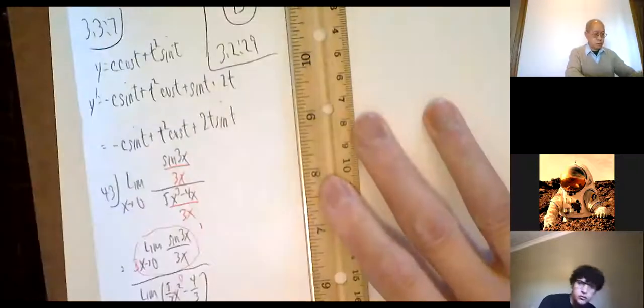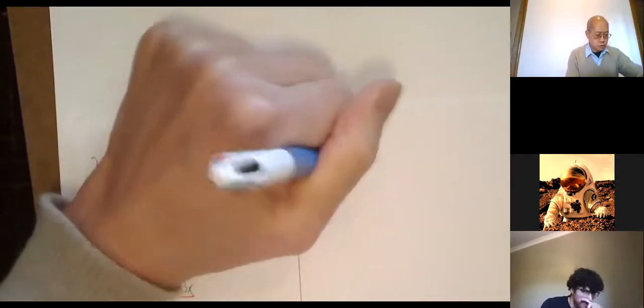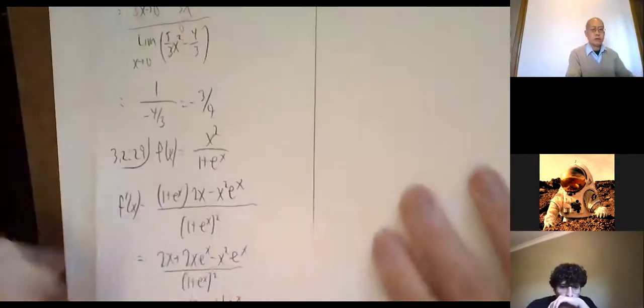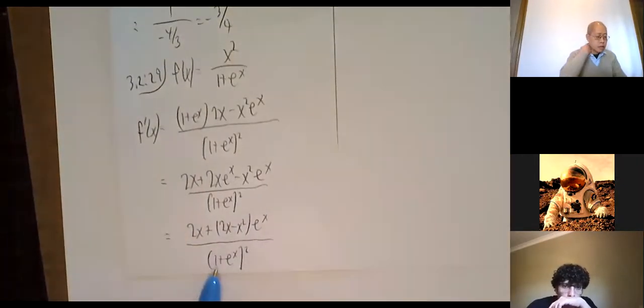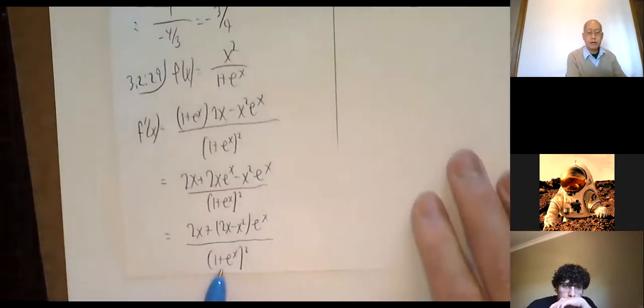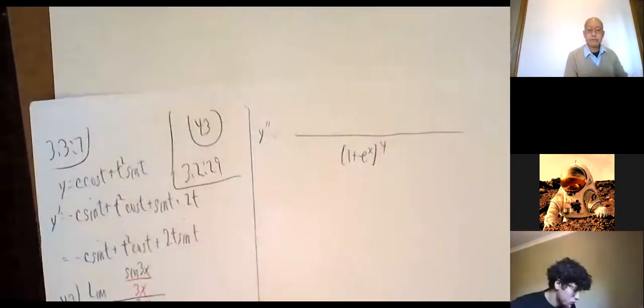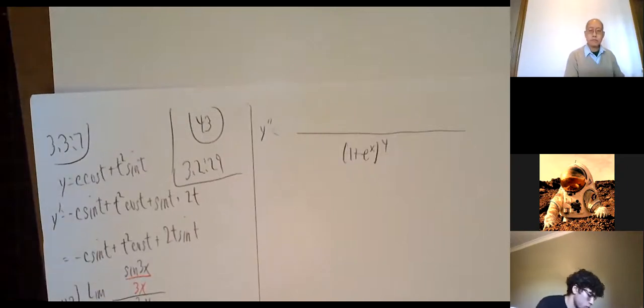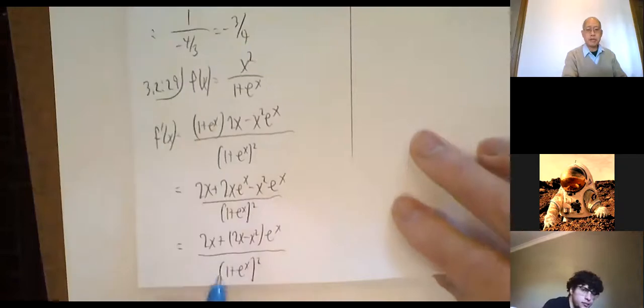Okay. Let me do the easy part. I'm supposed to square the denominator, right? So I have 1 plus e to the x squared. That means to the 4th power. Okay, so now it's bottom times the derivative of the top.